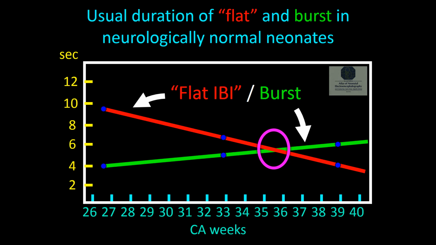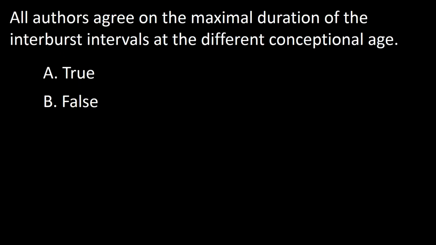I find it interesting and useful that at about 35 to 36 weeks, the lines intersect, indicating the time when the duration of the burst outlasts the duration of the interburst intervals. So the answer to this question is false.